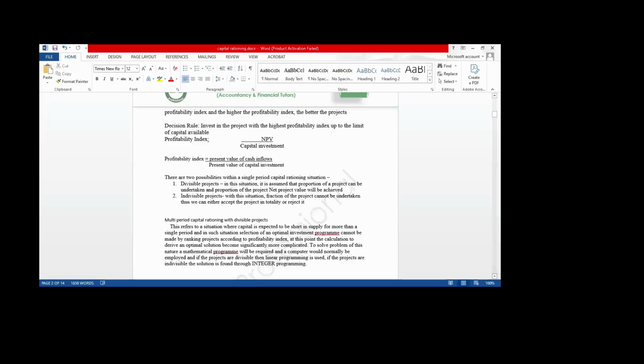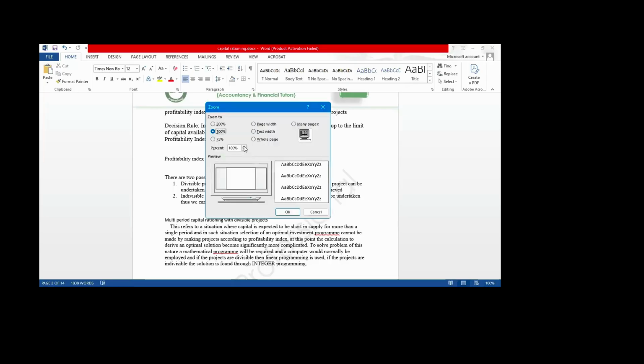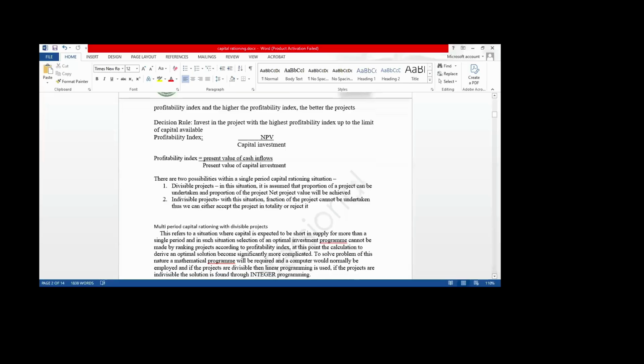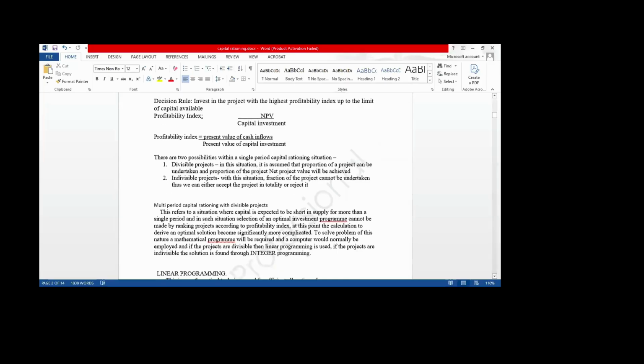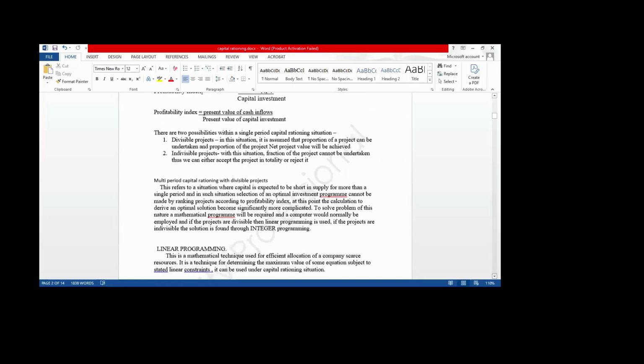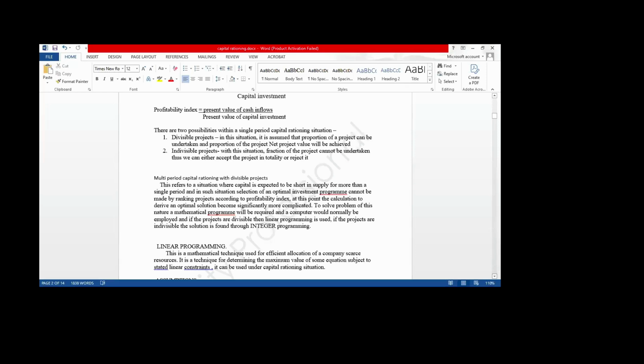This refers to a situation where capital is expected to be in short supply for more than one single period, more than one year.